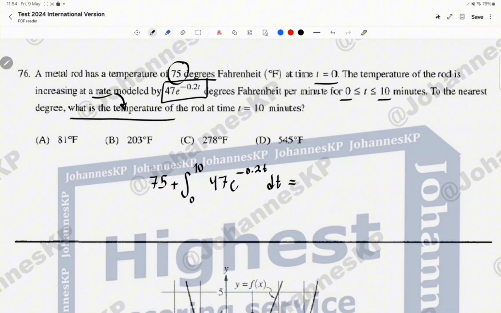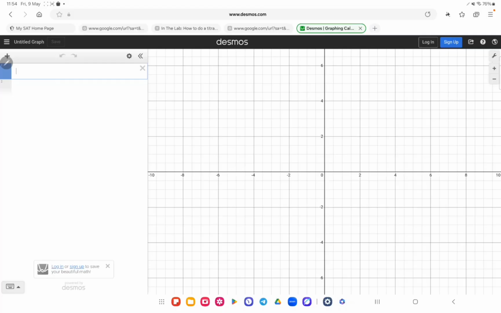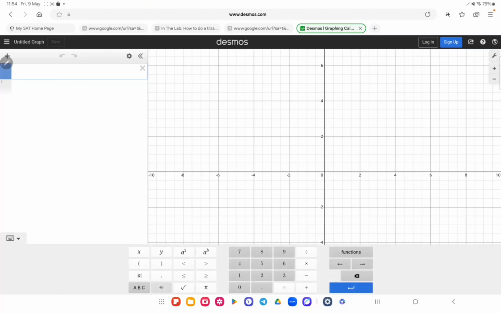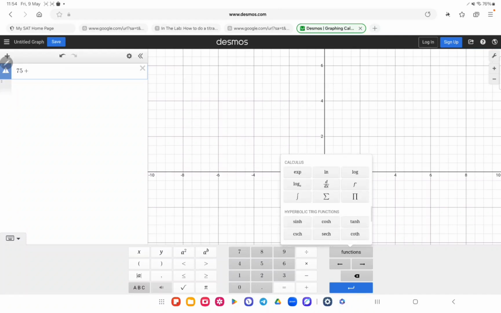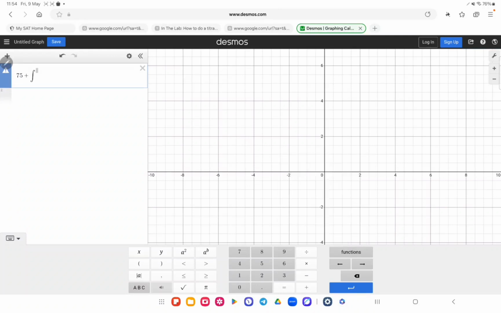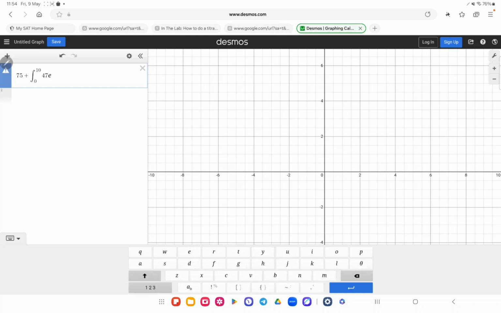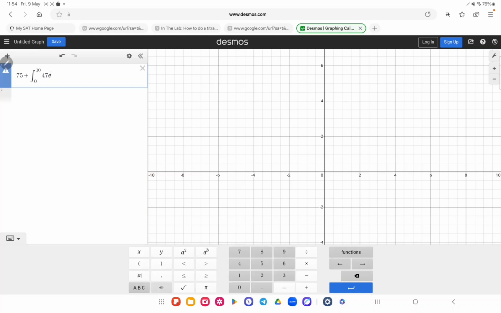We can now use Desmos for this one. So in Desmos, get the keyboard out, and type 75 plus, go to functions to look for integration, from 0 to 10, put your function, 47e, so go to ABC and click on e, go back, make it power, negative 0.2 x for t, and here come down and put dx.